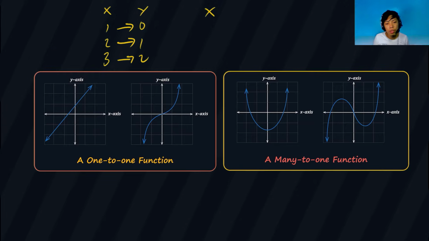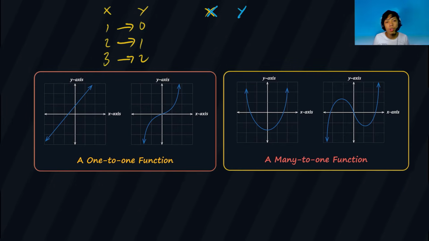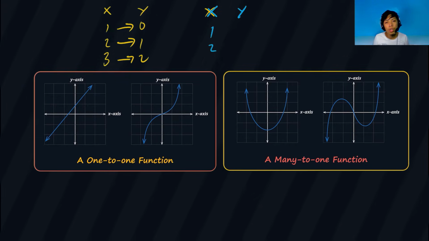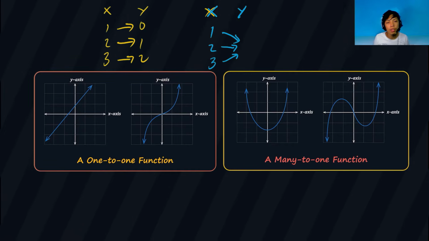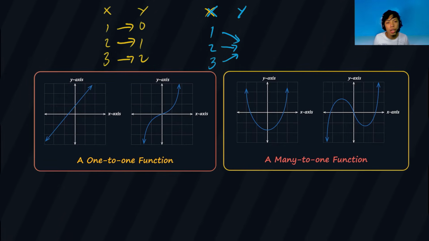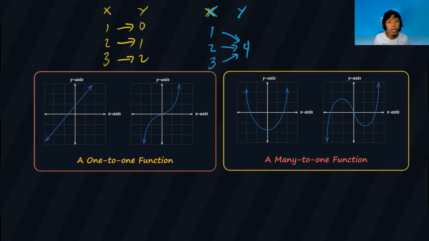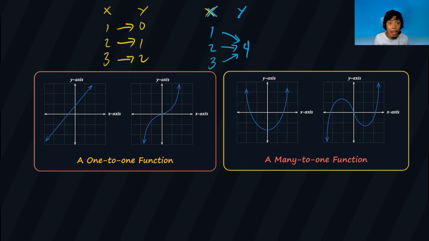Another one, how about many to 1? Wait lang. For many to 1, you have x and y. Okay, so we have here, say 1, 2, 3. All of these elements correspond to a single, the same output, say 4. All elements in x correspond to a single, the same element in y.